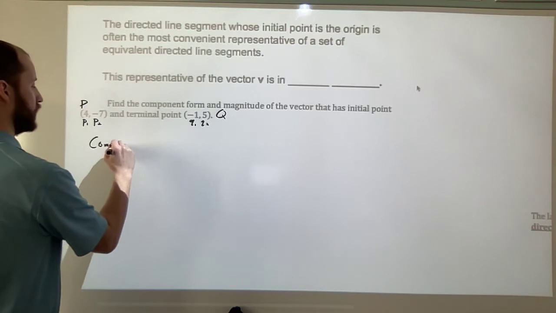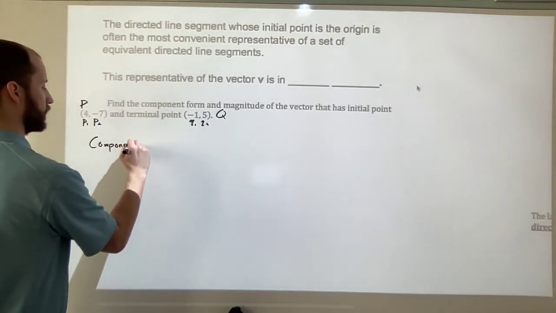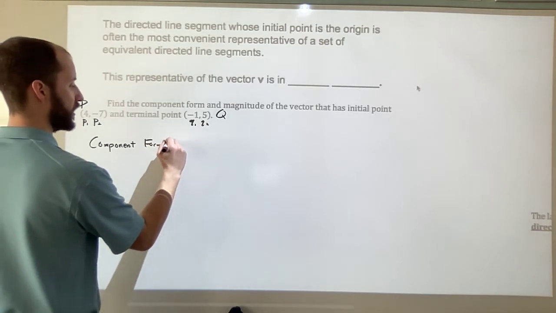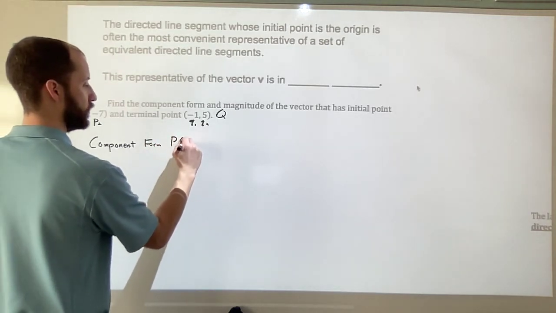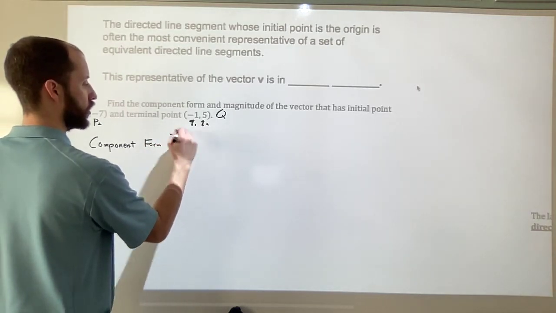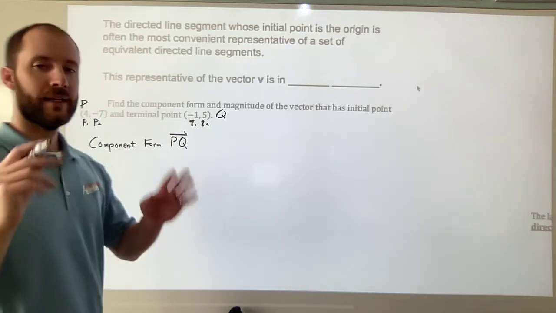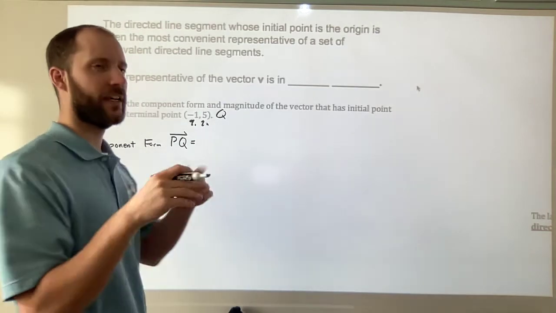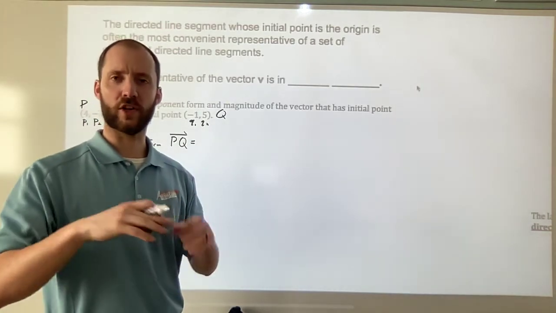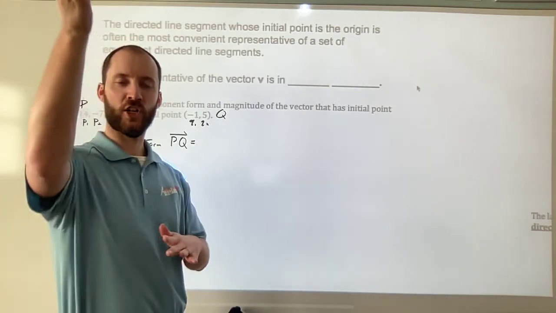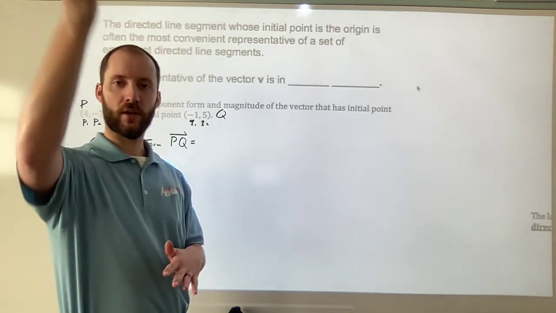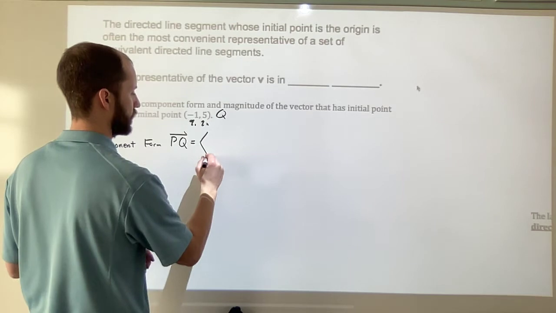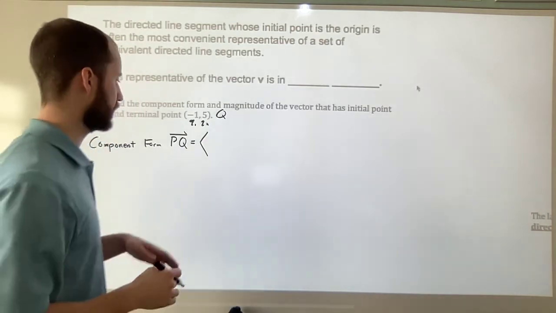so component form of our vector, say it's P and Q, do that hook over the edge. Now the notation we use looks like an ordered pair, but with these sharp corners. So not parentheses, but like that.